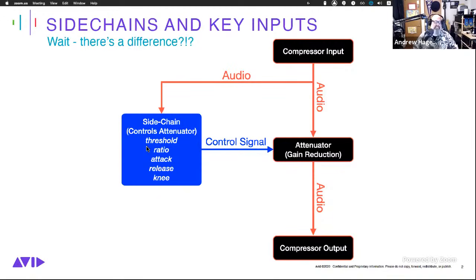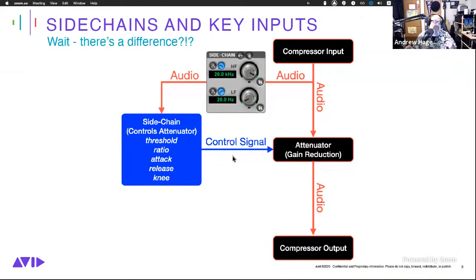Again, this is the beef that I have: we use the term sidechain as if it was a special thing. All compressors, all expanders, all the time have a sidechain. Sometimes those sidechain controls are accessible. This is the sidechain controls in, I believe, the Compressor 3. You can choose how you want to work with that sidechain.